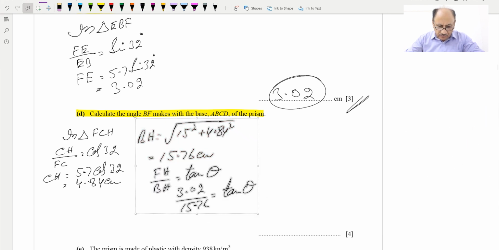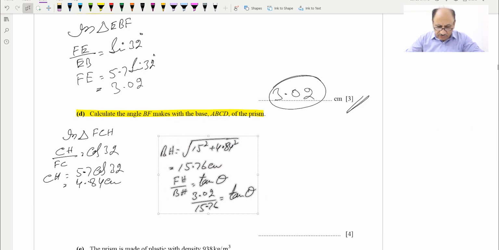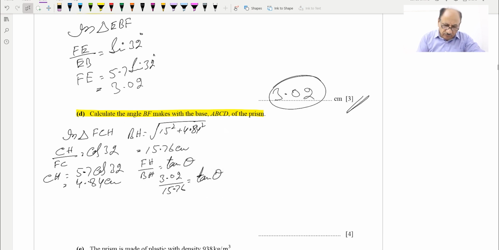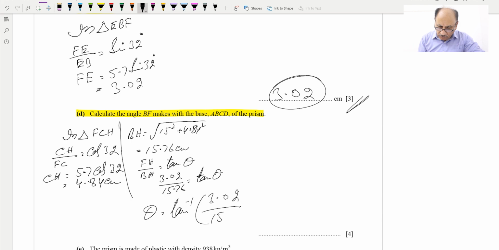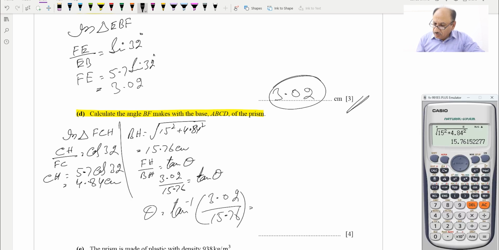Now we can calculate this angle, and I will use a separator also. So theta is equal to tan inverse of 3.02 over 15.76, and this will be the angle.